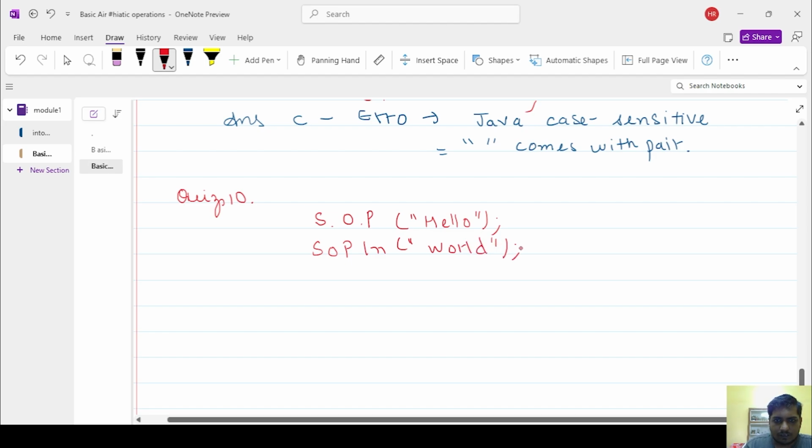Okay, so the answer is B, that is called hello world. And why is it so? We learned print and println, the difference between print and println.